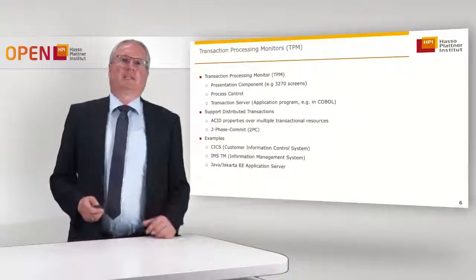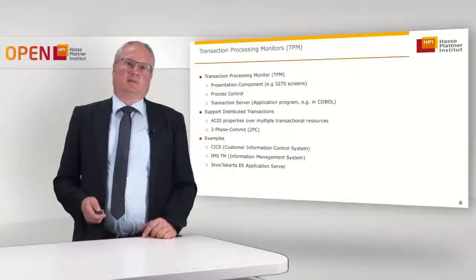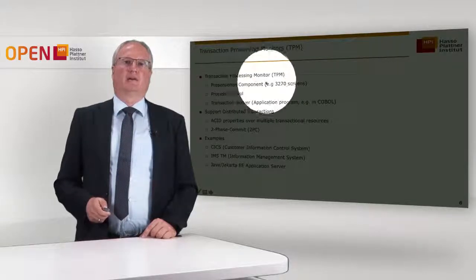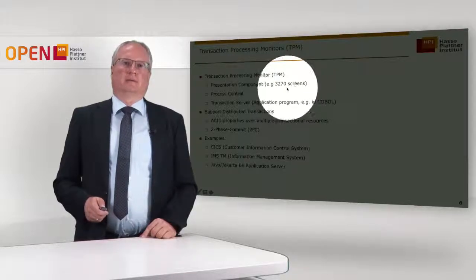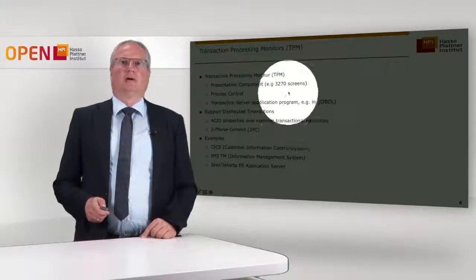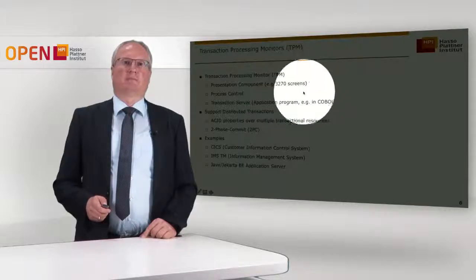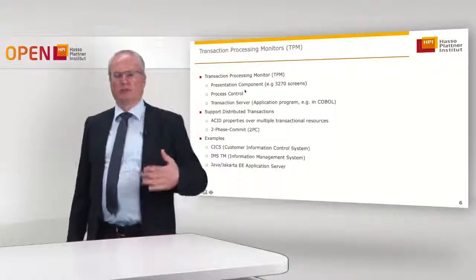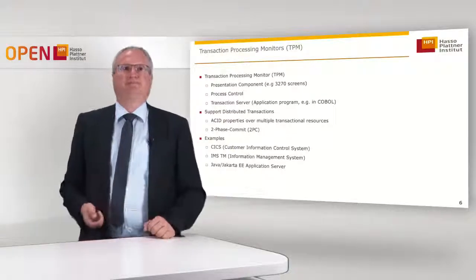And transaction processing monitors typically have, as we already heard on the previous slide, different functionalities. So there is always a presentation component that allows the user to interact and start the transactions. In the classical mainframe, this was typically achieved using terminal-based 3270 terminal screens, using, for example, in CICS, the Basic Mapping Support. But today, of course, most transactions are triggered, for example, using a web service from a mobile device or other front-end systems.